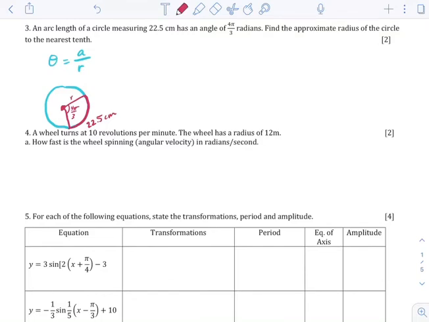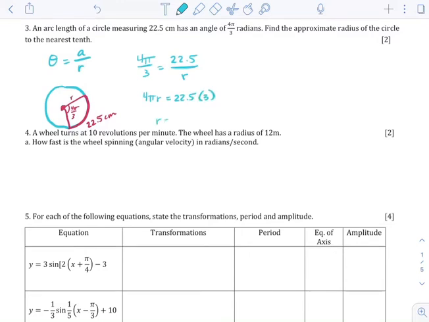So I'm going to fill in those values that we know. I know the radians is 4 pi over 3. I know the arc length is 22.5, and I know radius is r. So if I cross multiply here, we get 4 pi r is equal to 22.5 times 3.